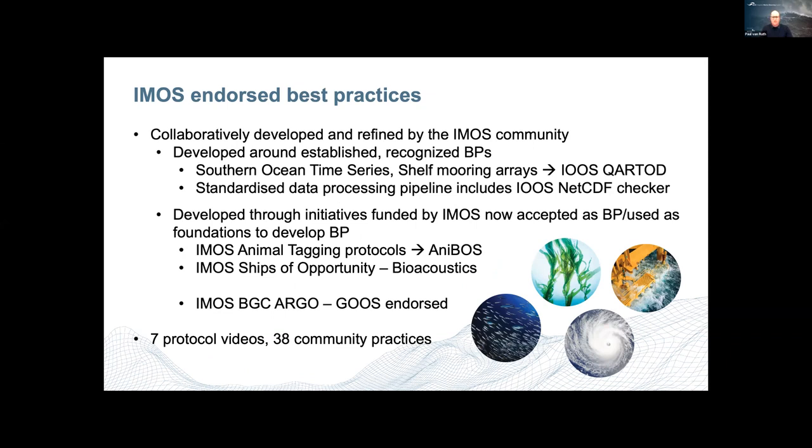For example, our Southern Ocean Time Series mooring and our shelf mooring arrays have developed their practices around the IOOS QARTOD procedures. And our standardised data processing pipeline includes the IOOS NetCDF checker to make sure that the information is adhering to climate and marine standards.